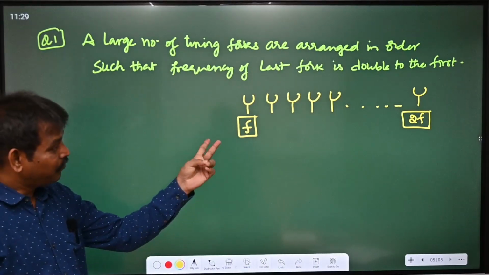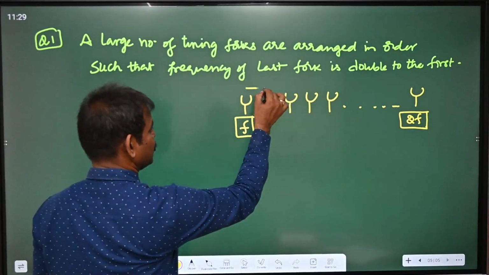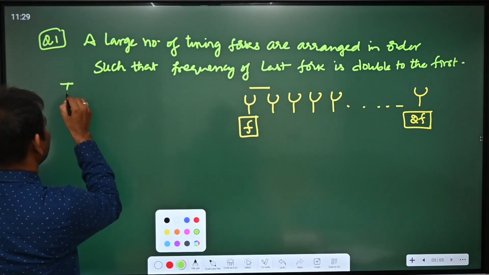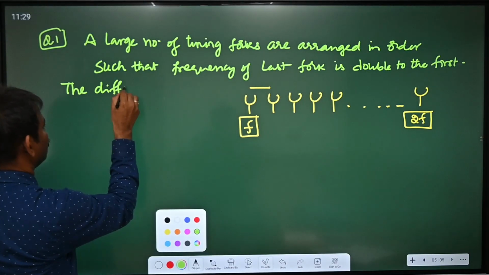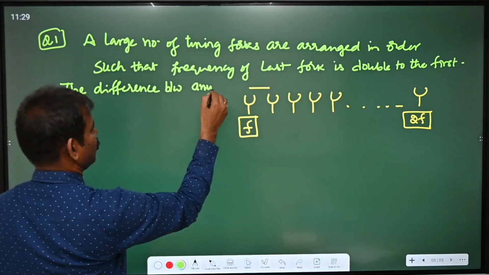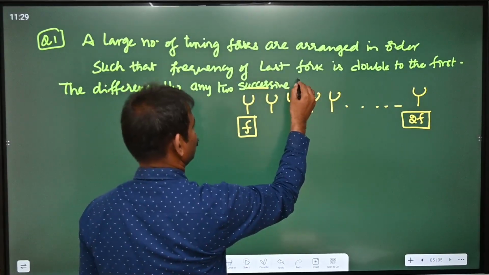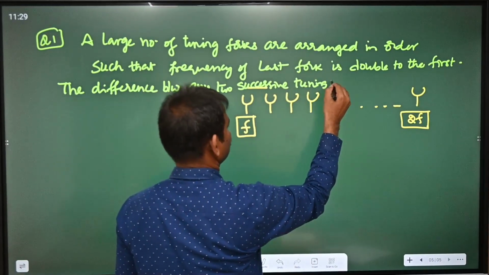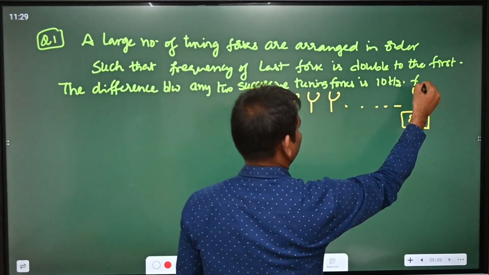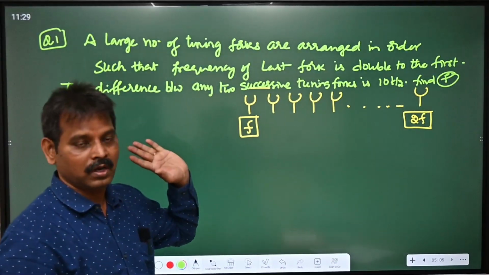Now, the difference between the frequencies of any two successive tuning forks is 10 Hz. Find f, that is, find the frequency of the first tuning fork they are asking.